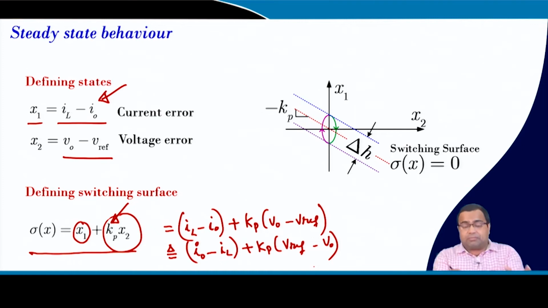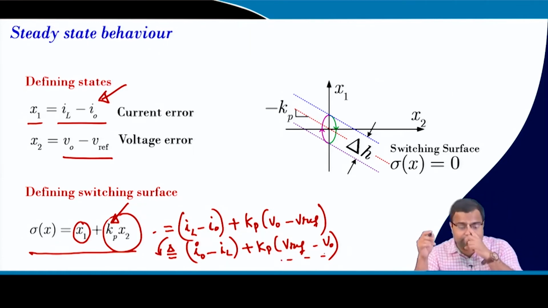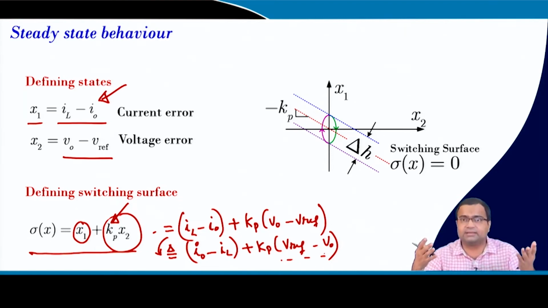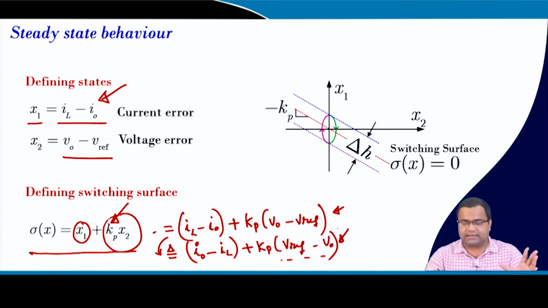If you multiply by a minus sign, so that it looks like the actual error voltage, then our switching control has to be modified accordingly. Otherwise, as I said, it will go into the rejective region and the trajectory will move away. So these two control logics should be just the opposite. You can use any of them, but accordingly you have to choose the switching control logic.